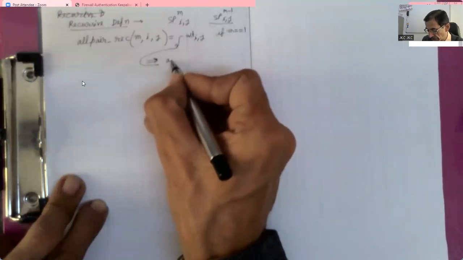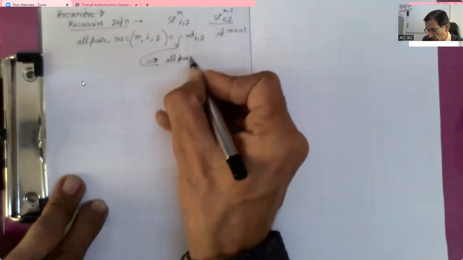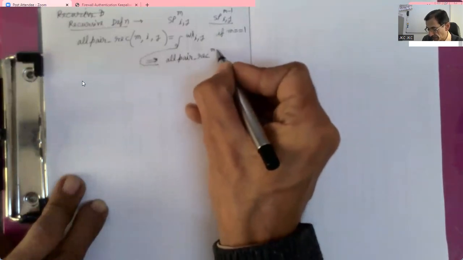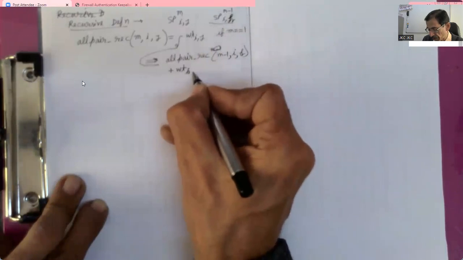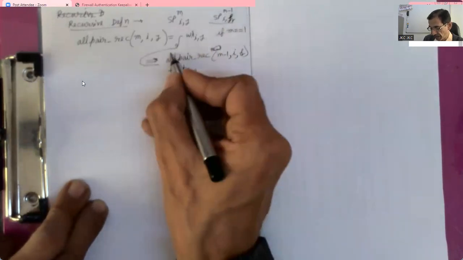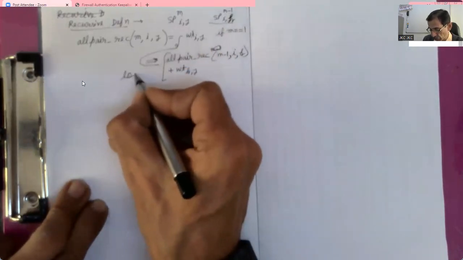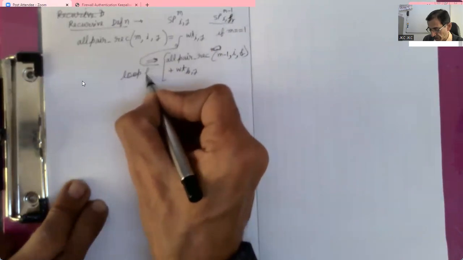This internally means nothing but all-pair recursive with m minus 1. That means the parameters will be m minus 1, i, and k taken, i k, plus weight of k j, and this is to be done over a loop for k. That's it. So more or less my code is ready.